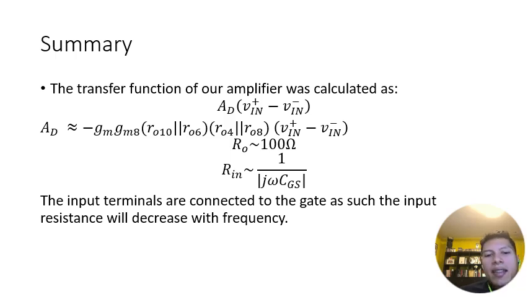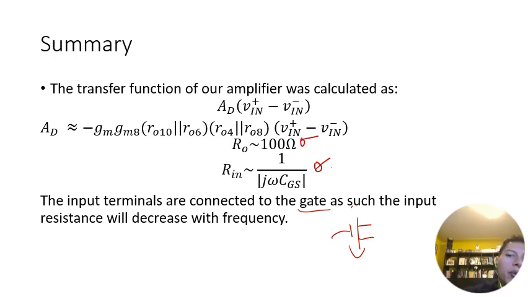Again, the input resistance will decrease with frequency because you have to remember that there's always going to be some kind of transistor there, and typically your inputs for these designs are connected to a gate. There is a gate to source type of capacitance there. So if you keep increasing the frequency, eventually you will have a resistance associated with the input. So that's another source of non-ideality.